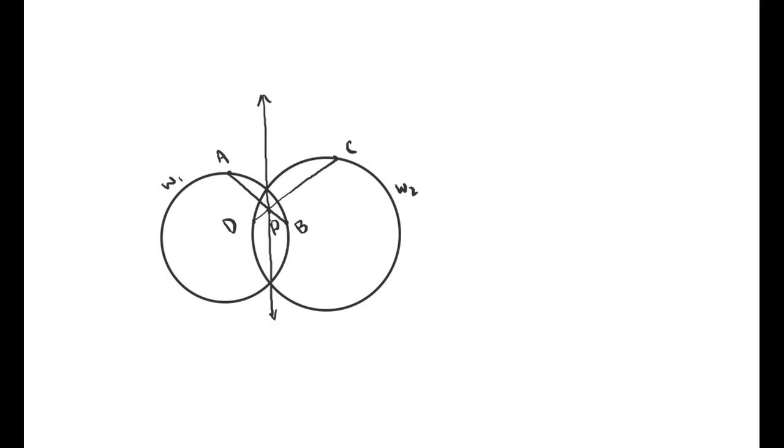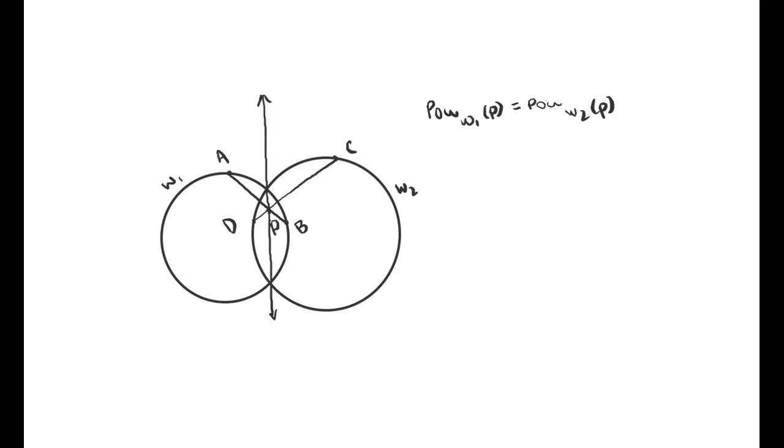And P lying on the radical axis of omega 1 and omega 2 basically implies that the power of P with respect to omega 1 is equal to the power of P with respect to omega 2.